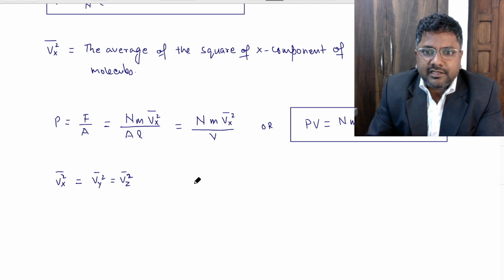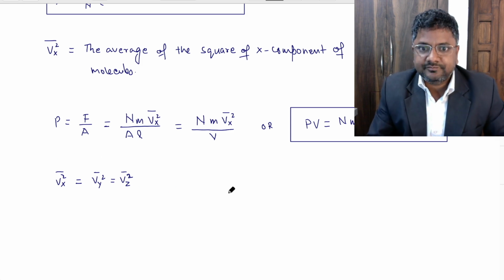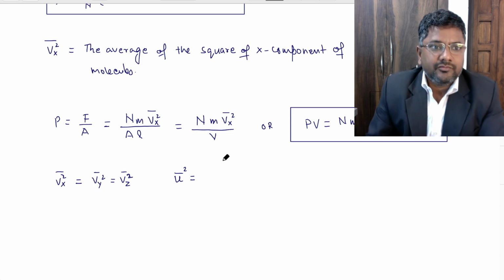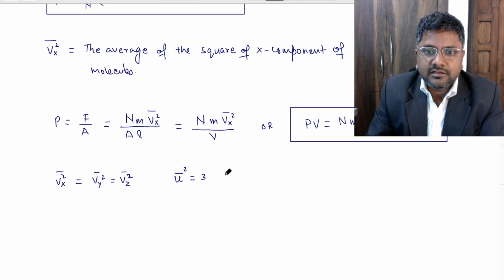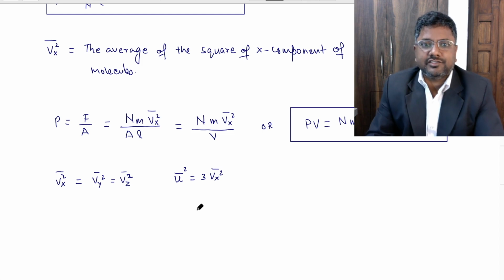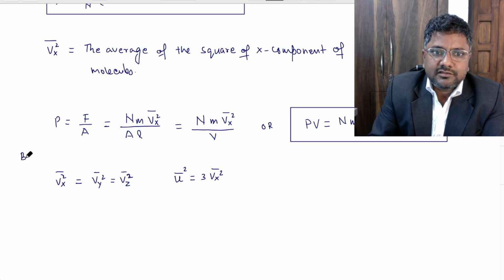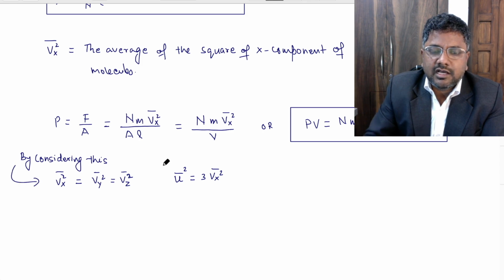So we can write u bar square is equal to three vx square, by considering this and from equation 1.